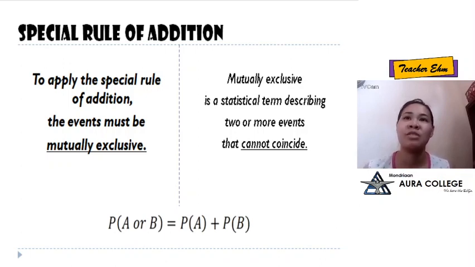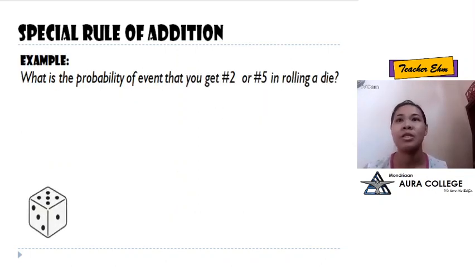The formula in the special rule of addition: probability of getting A or B is equal to probability of A plus probability of B. For example, what is the probability that you get number 2 or number 5 in rolling a die? Getting number 2 and getting number 5 in a die cannot coincide. The probability of getting number 2: meron tayong isang 2 sa ating die at may 6 possible outcomes.